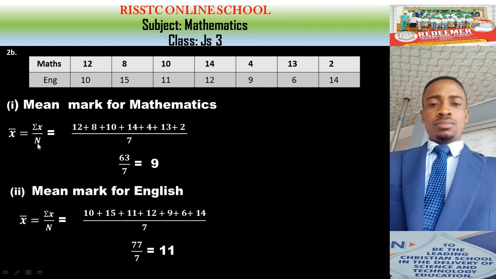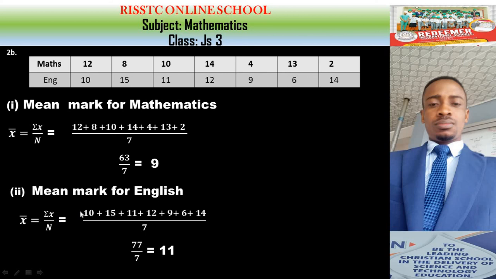How do we get n? n is the number of students that partook in the test, and there are 7 in number. When you add up all these scores, we have 63 over 7, which gives us 9. Let's also find the mean mark for English. x bar equals summation x over n.